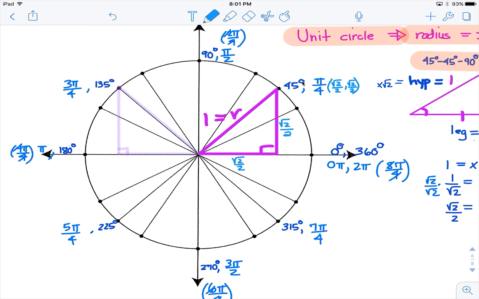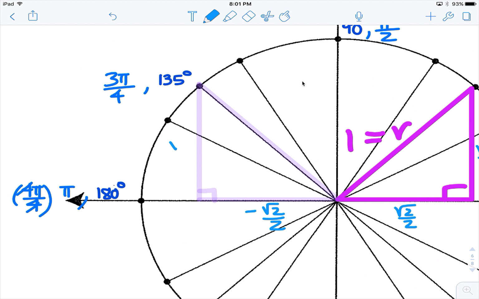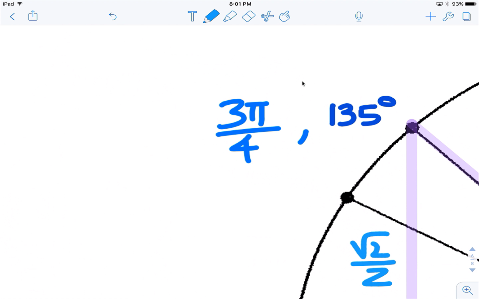So if we do that, that means we go negative root 2 over 2 and positive root 2 over 2. And again, the radius is 1, or the hypotenuse on our triangle is 1, which makes the coordinates at 135 equal to negative root 2 over 2, positive root 2 over 2.